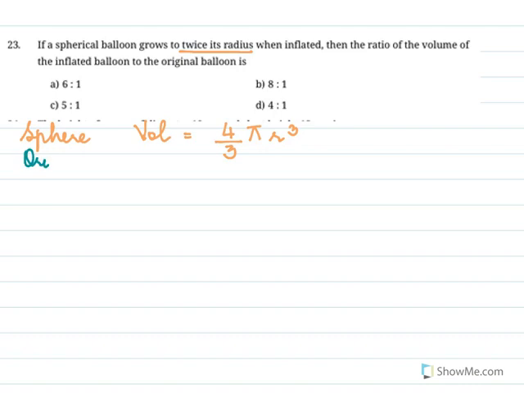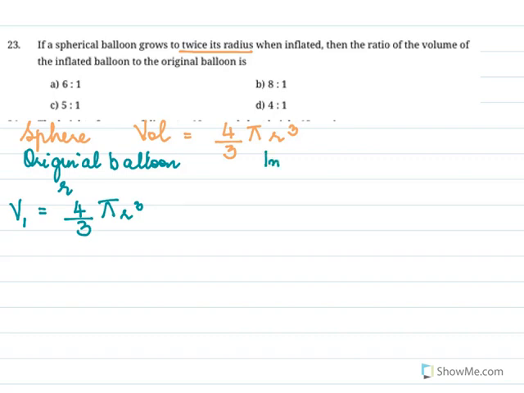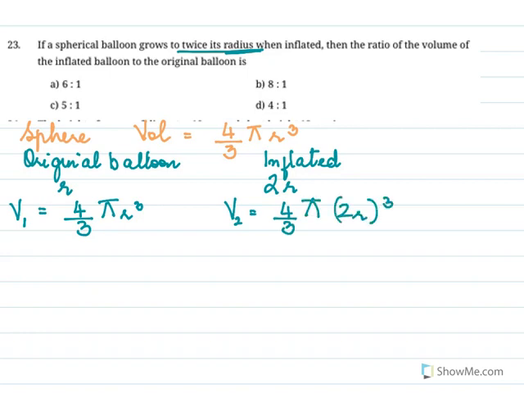For the original balloon, the radius we take as r, and hence the volume V1 is 4 by 3 pi r cube. Now for the inflated balloon, when it is filled with air, the radius becomes twice, so that is 2r. That means now the volume V2 will be 4 by 3 pi (2r) the whole cube.